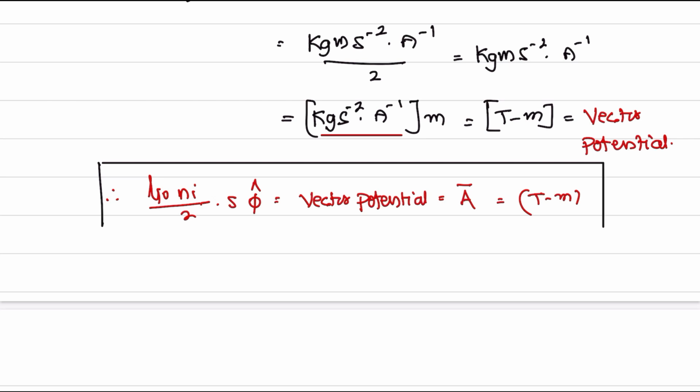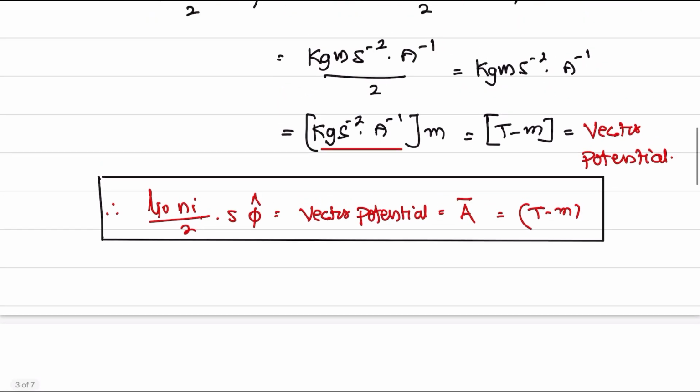Here you please understand one thing. In the previous example also, simply knowing what Planck's constant is was not going to work. Planck's constant was combined with energy and mass in dimensions lecture 1, and we got a dimensionless quantity. Here we got a quantity with dimensions, which is called the vector potential.